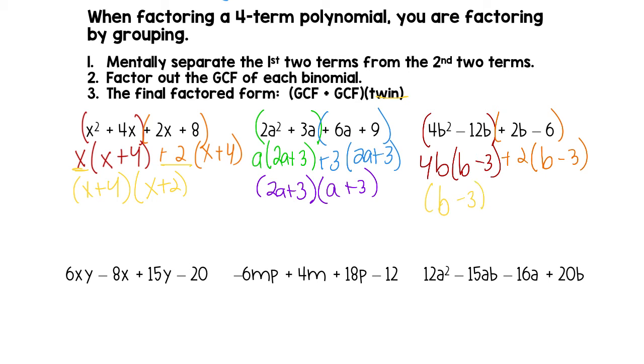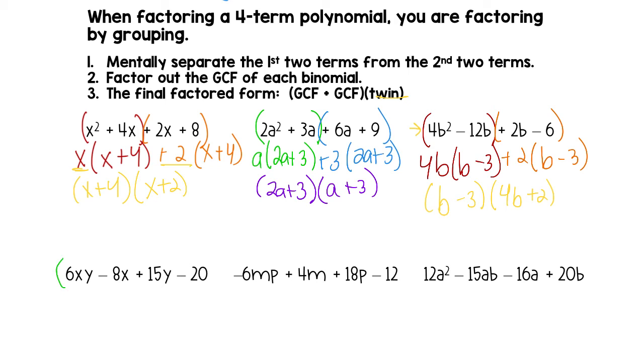Twin, b minus 3. Everything else, 4b plus 2. So when I multiply these back together with the FOIL method or with however you best multiply polynomials, it should get us back to our original that we had. Let's do a few more like this.